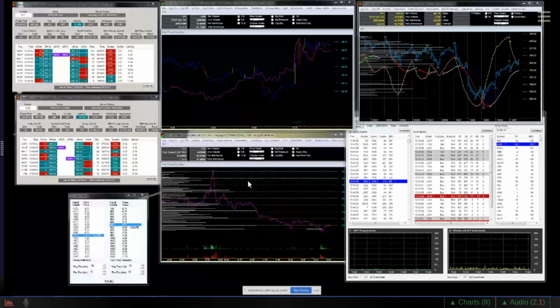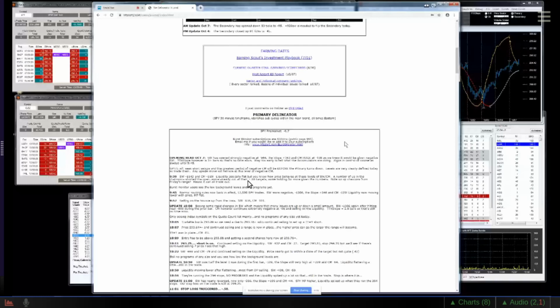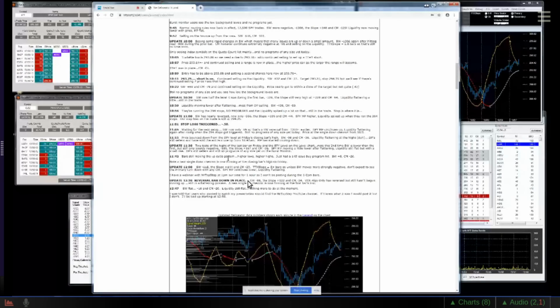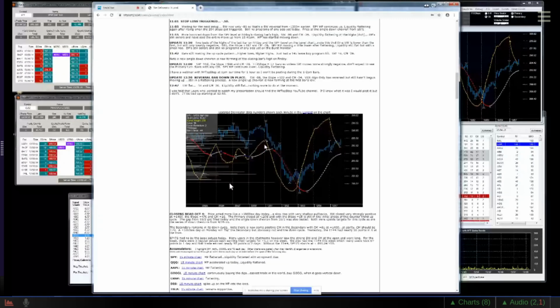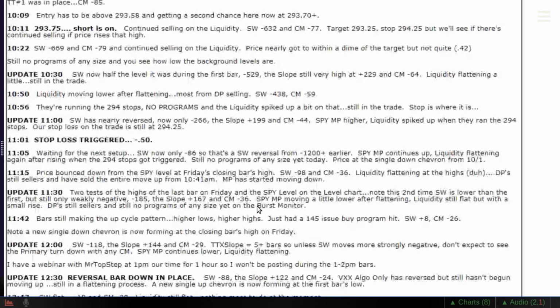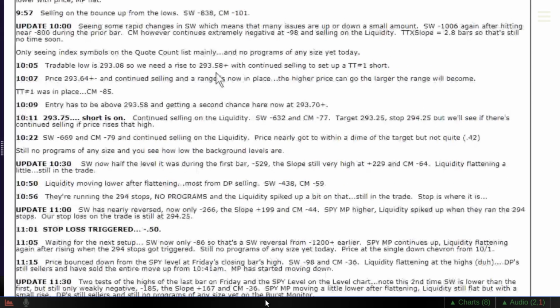So here is the delineator journal, which has multiple sections. Here's our secondary section. But during the day, I make these posts and we'll set up. So here's our setup here. Here we're tradable low at 293. So we need a rise to 293.58 with continued selling. Price 293.64. So we had a range in place, continued selling, and a range is now in place.